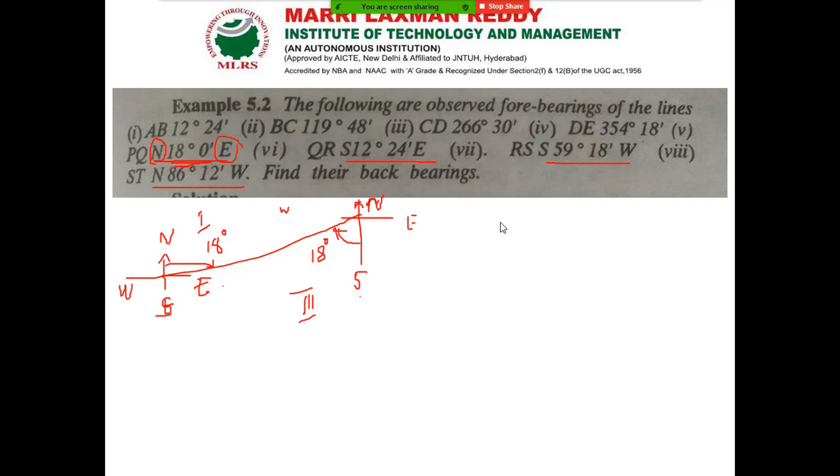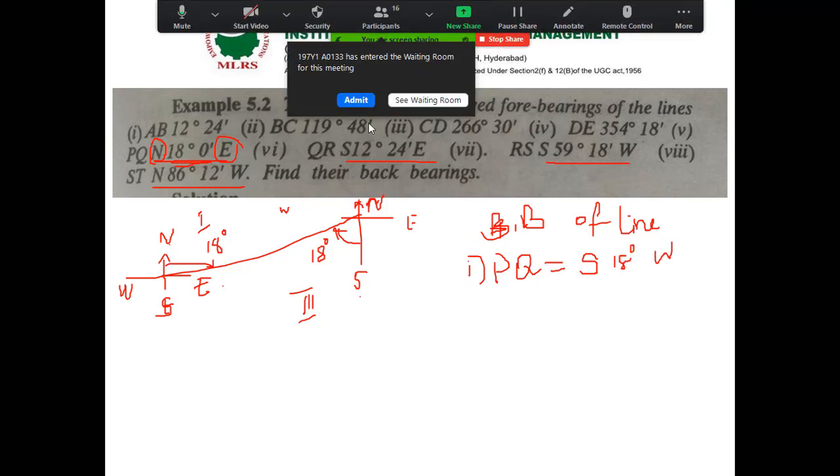So our back bearing becomes, for the first reading, for line PQ, back bearing of line PQ is equal to, just change the direction: instead of north I am going to use south. South 18 degrees, instead of east I am going to give west.